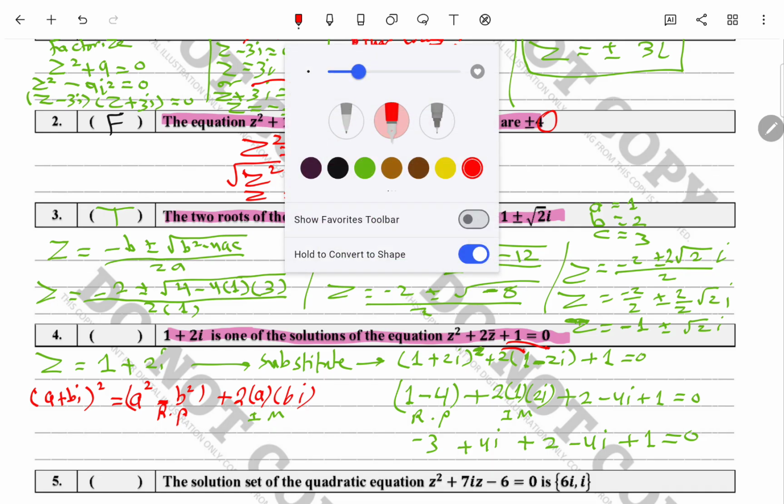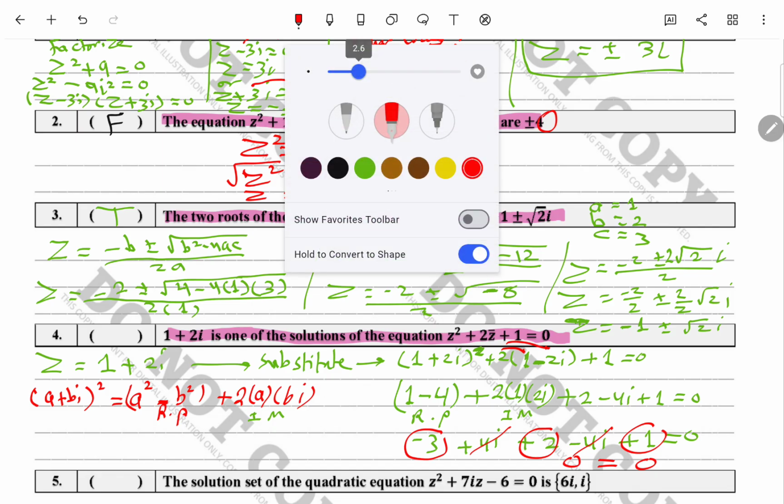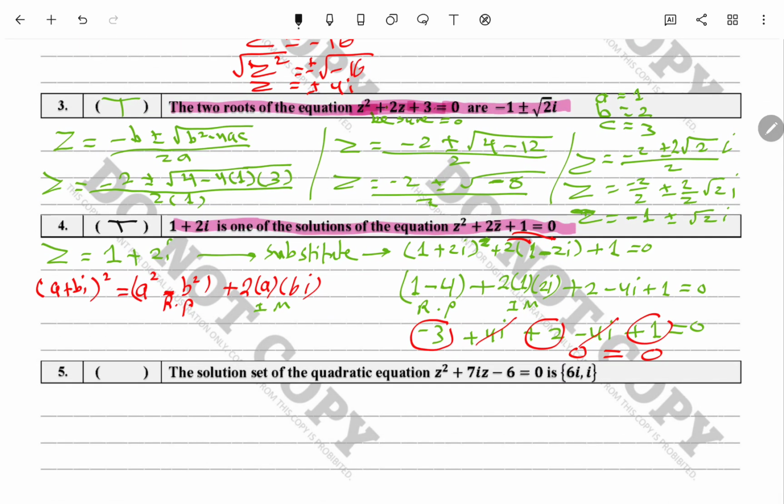When adding like terms, 4i and negative 4i will be 0 because they have different signs, and negative 3 plus 2 plus 1 also will be 0. So the left side is equal to the right side, 0, and that will make your answer true.